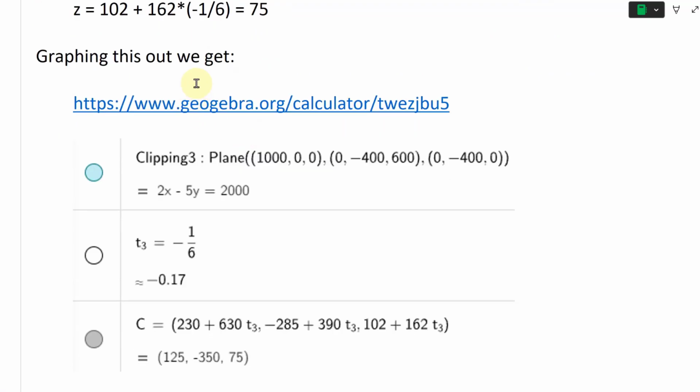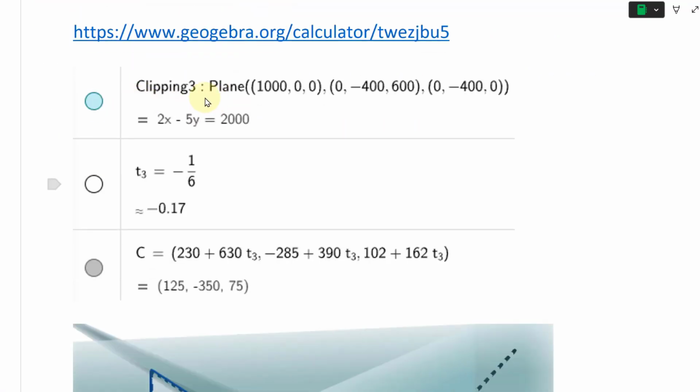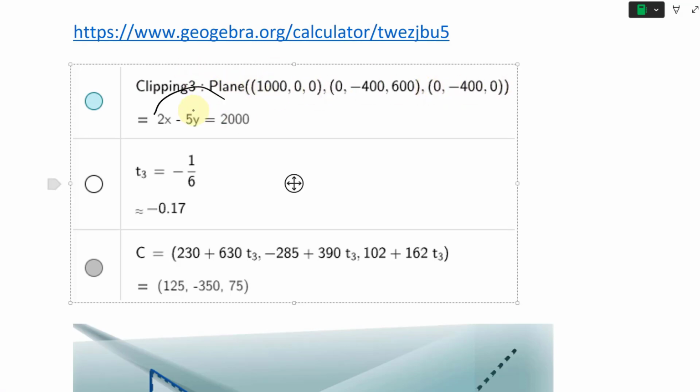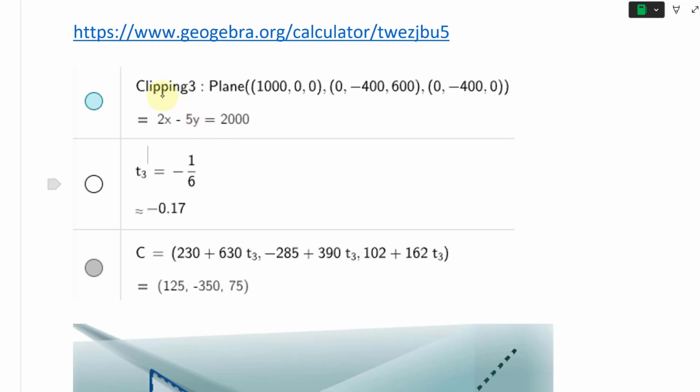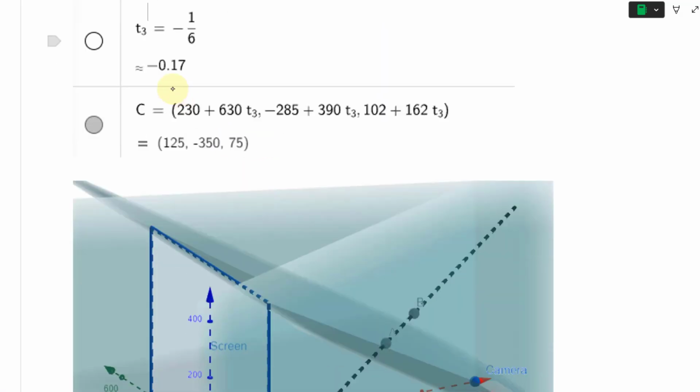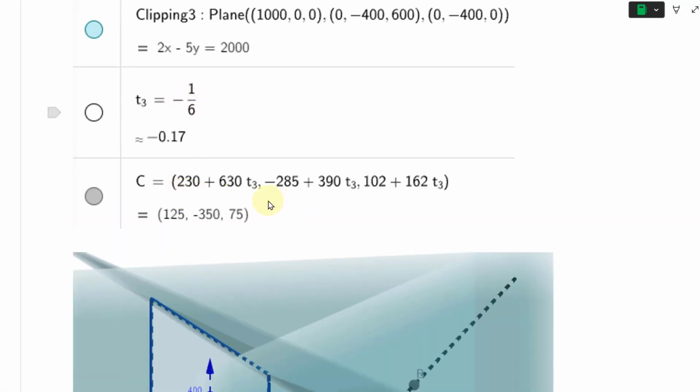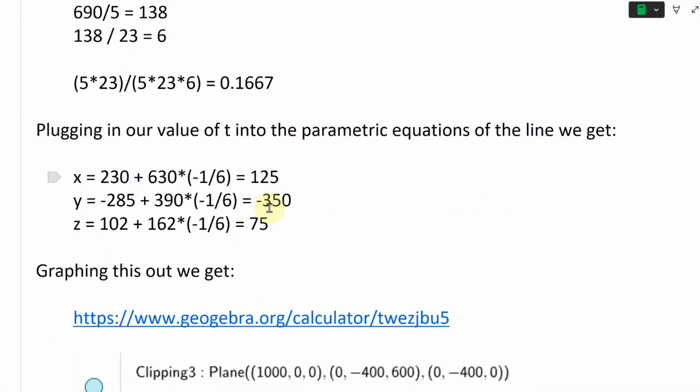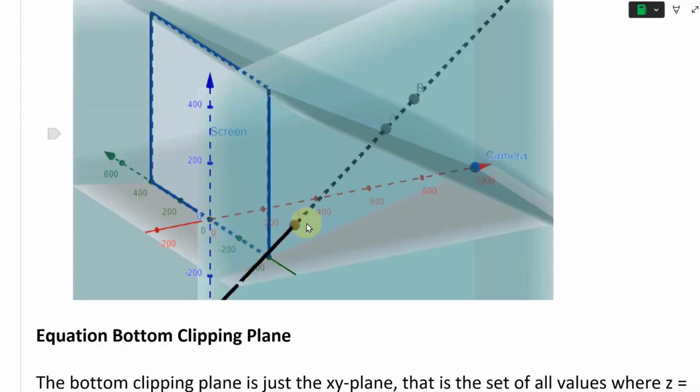And then graphing this out in GeoGebra, we put the plane equation in, and it automatically solves it. And exactly what we had, 2x negative 5y equals 2000. Then put the T as negative 1 over 6 in the parametric equation of a line as a point, and it gets 125, negative 350, 75. And then you graph it out, it crosses right over there.